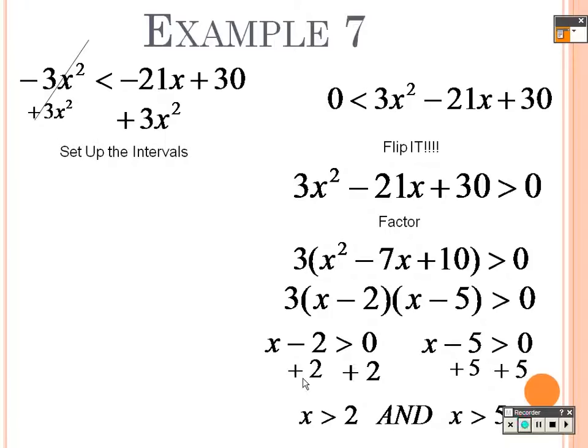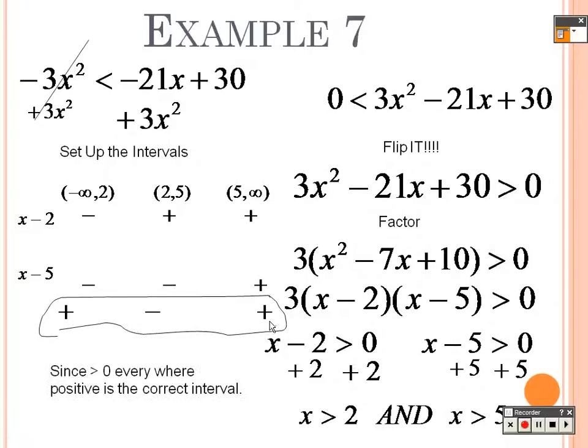So when you go to think of it to set up an interval, you can also try to solve it with these intervals. I don't think this way works out as nice. But if you were to graph this, I would say, hey, the graph comes and looks like this. It's going up. So where is it greater than 0? On the outsides. So this is just a checklist to show you, hey, it works on the outsides.